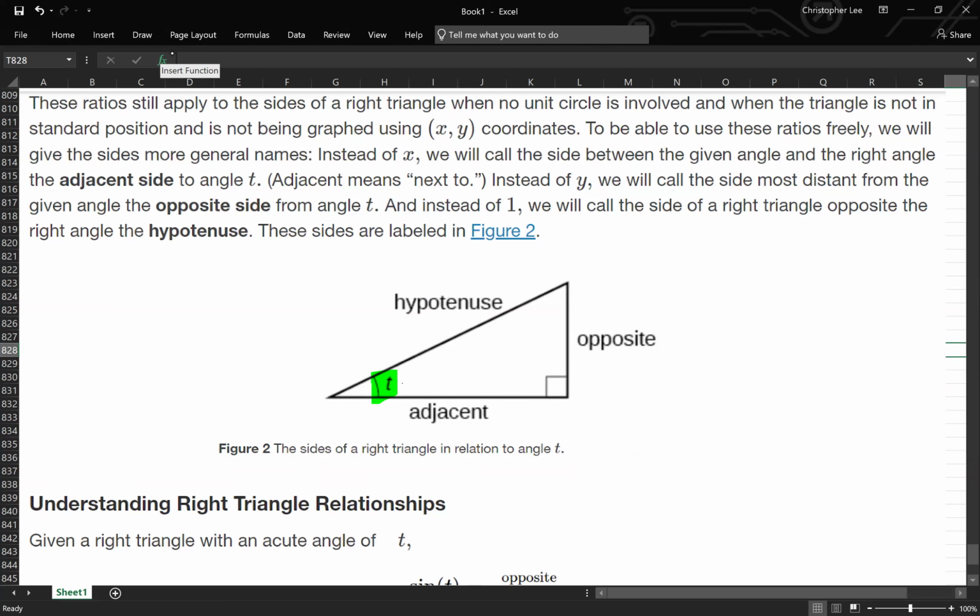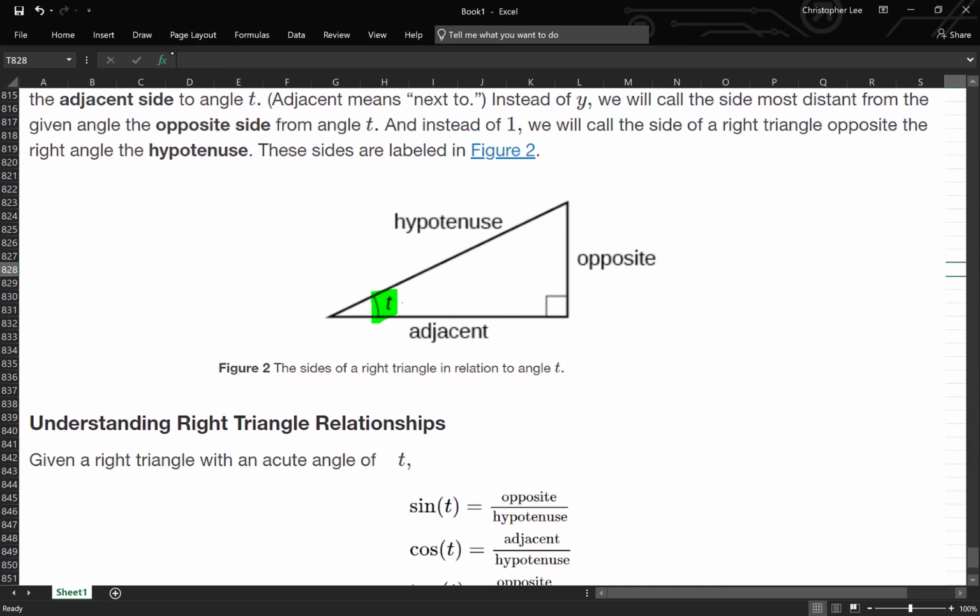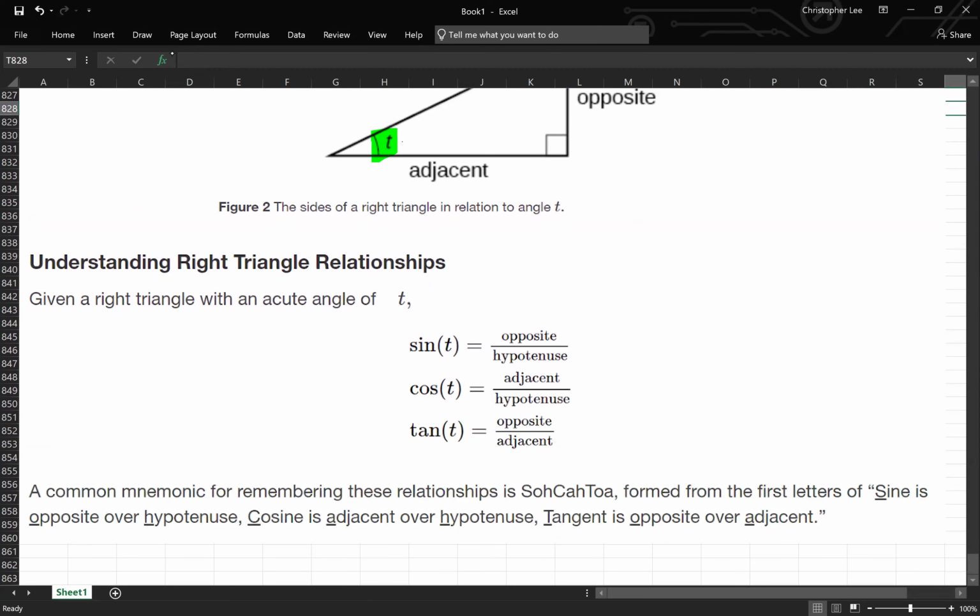Instead of the y, we will call the side most distant from the given angle the opposite side from the angle t, right? So opposite is away from, all right? And instead of 1, we will call the side of the right triangle opposite the right angle the hypotenuse, right? So this is hypotenuse right here, opposite the right angle, okay?